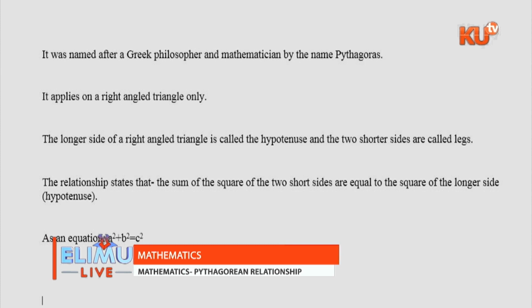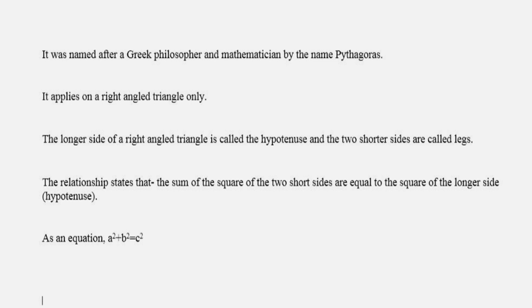We say that A squared plus B squared is equal to C squared, which is a summary of the Pythagorean theorem or the Pythagorean relationship. As you can see on your screen, the relationship is that the sum of the square of the shorter sides, which is A squared plus B squared, is equal to the square of the longer side, which is C squared.